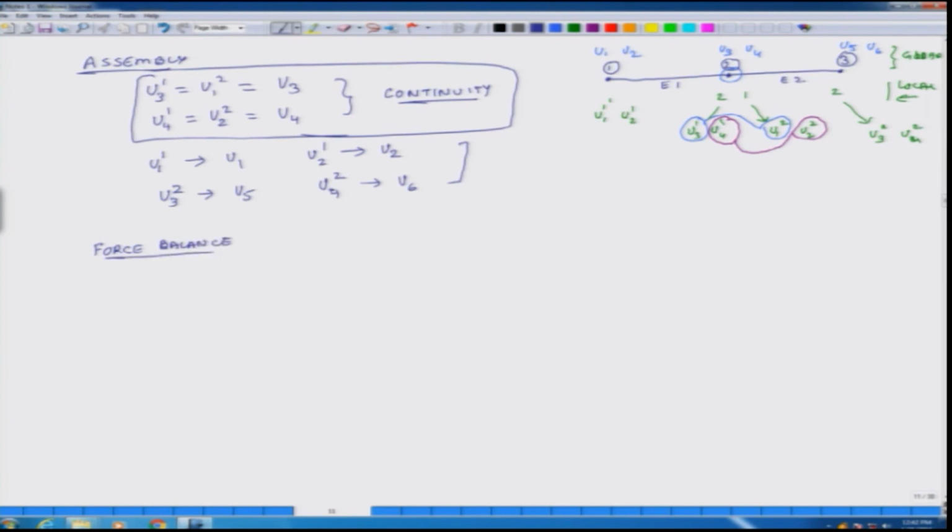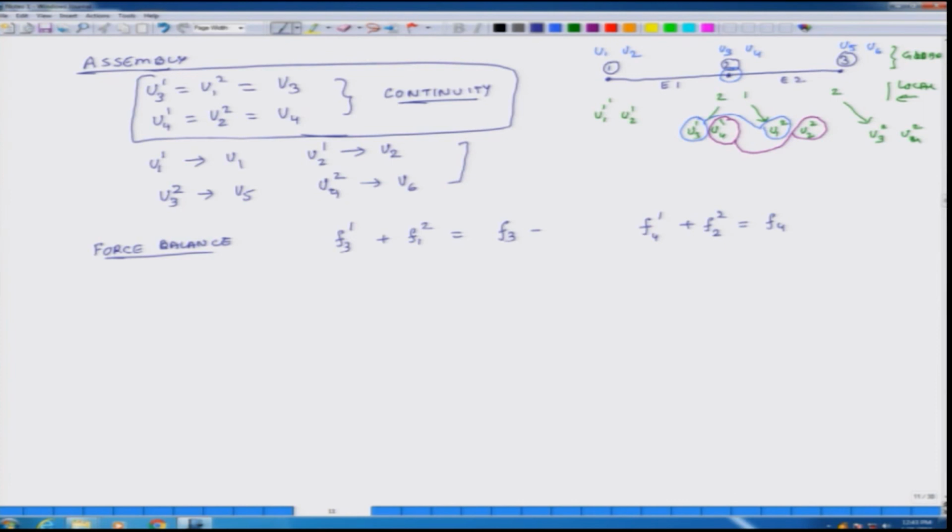So, what are the equations for force balance? F3 of element 1 plus F1 of element 2 equals F3. Similarly, this is about shear force F3, and then if I have to add up moments, then F4 of element 1 plus F2 of element 2 equals F4, that is the generalized force which is moment.